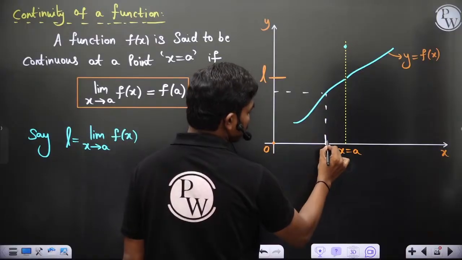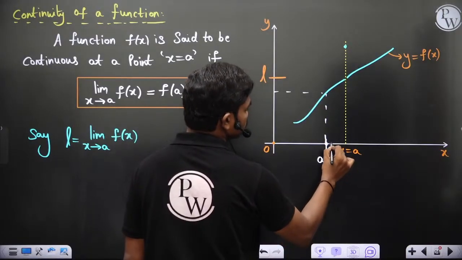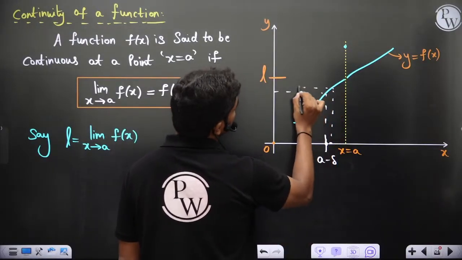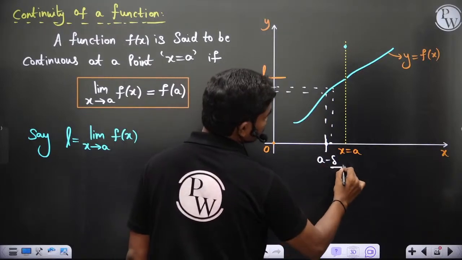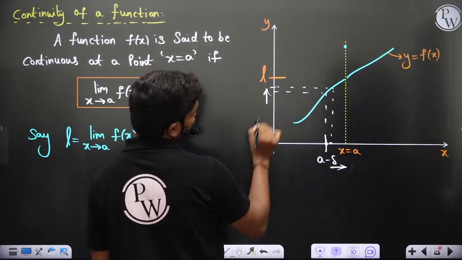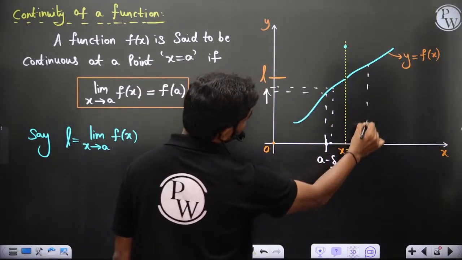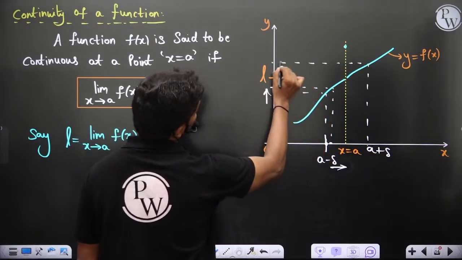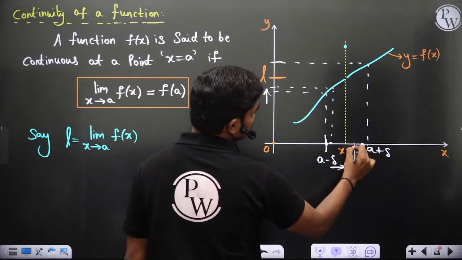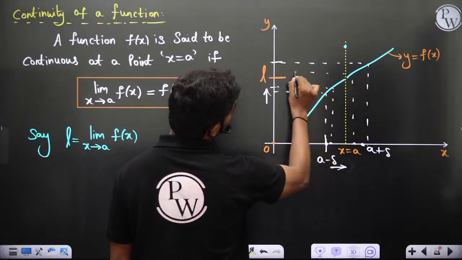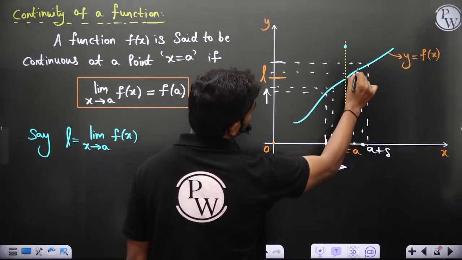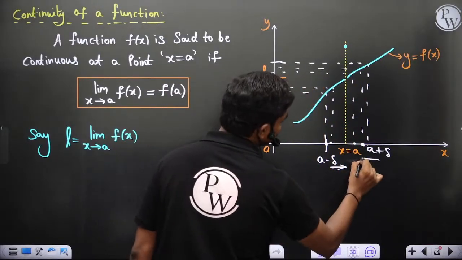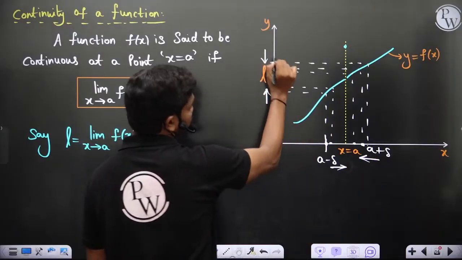If you start marching from a minus delta, then as you move towards a, this function keeps moving towards L. Similarly, if this is a plus delta, then this is the functional value. If you keep moving towards a, then ultimately this functional value keeps moving towards L. So as x moves towards a, this f of x also moves towards L.